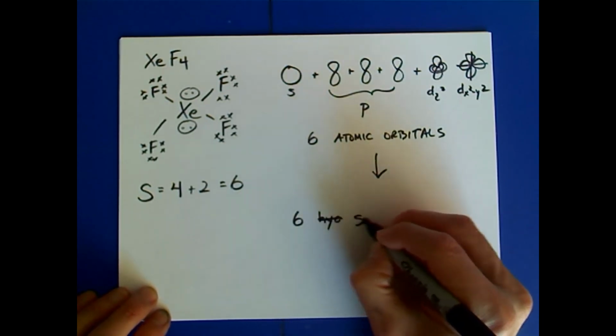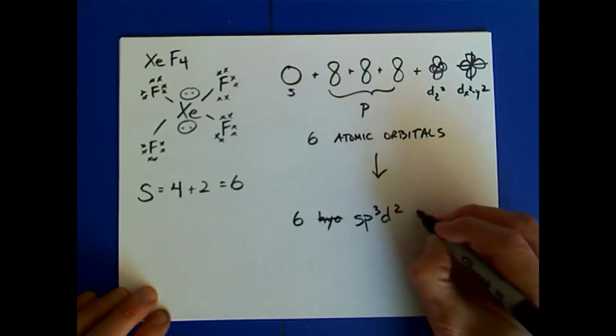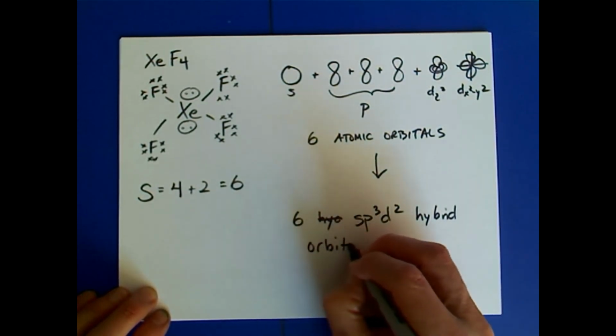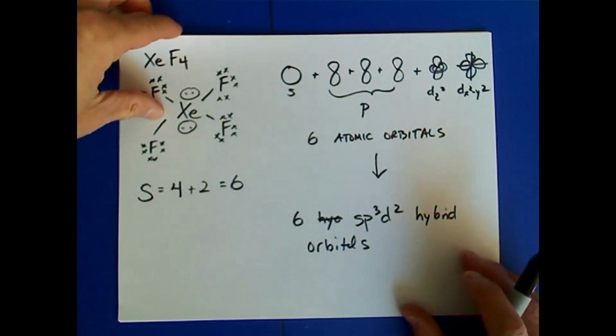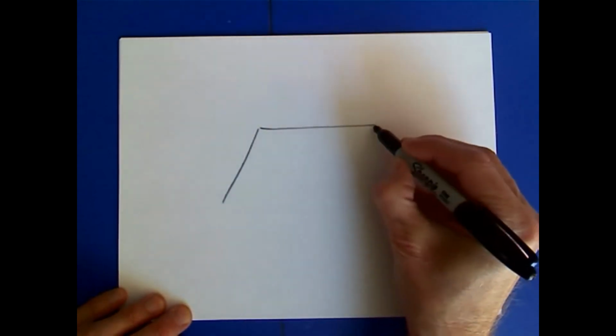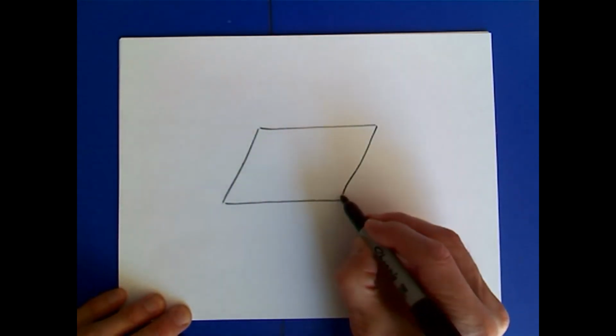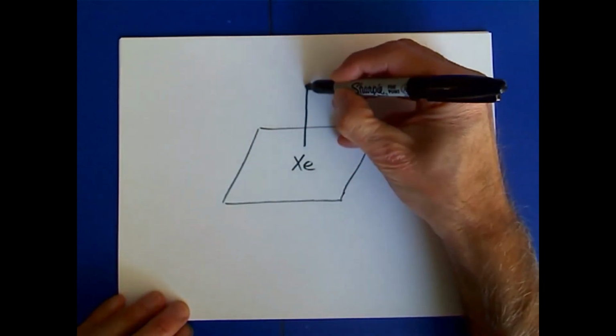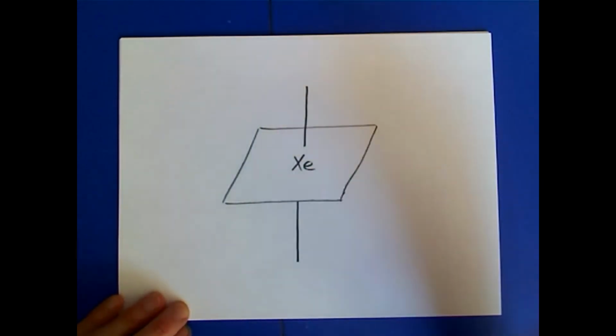I should say 6 sp3d2 hybrid orbitals that are going to point to the corners of an octahedron. We'll go ahead and draw that. It'll be a little easier to draw. Just draw our hatched square like this. There's central xenon, and then there's a position going up and a position going down.